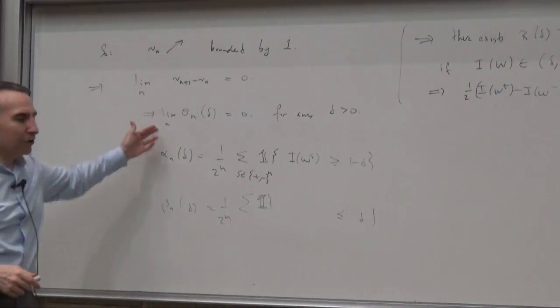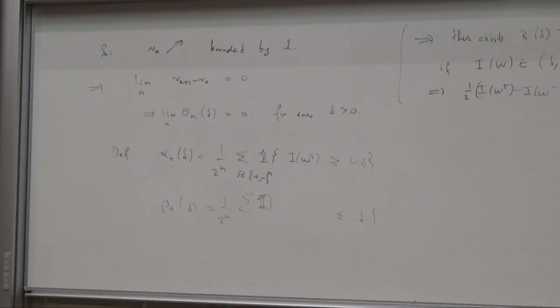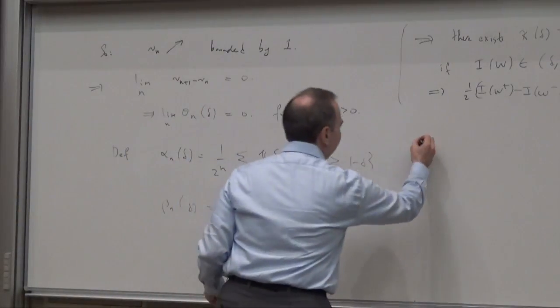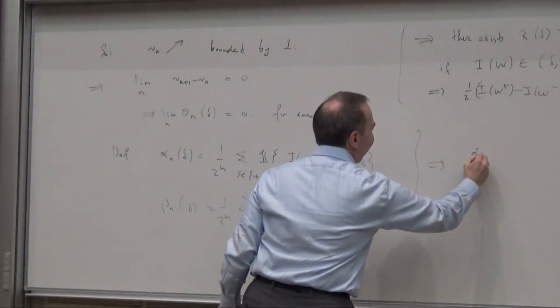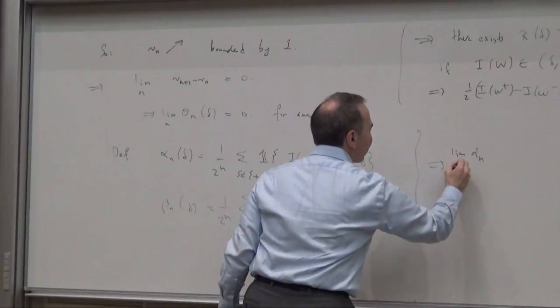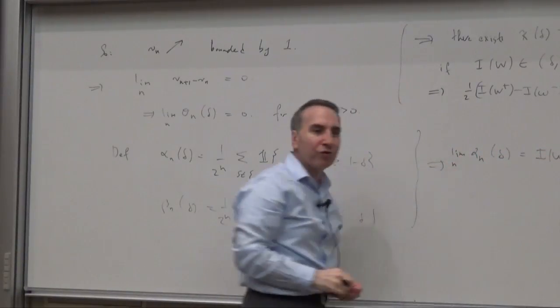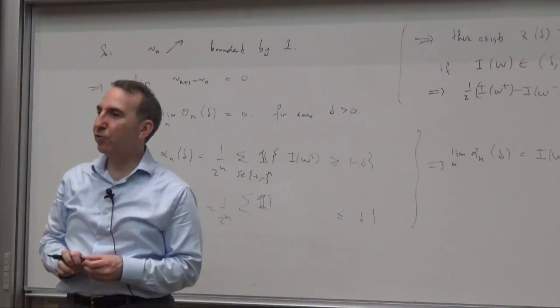So if this goes to 0, since the average mutual information is preserved, this guy must be going to I(W), the original base channel that you started off from.